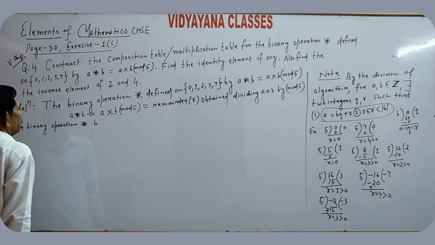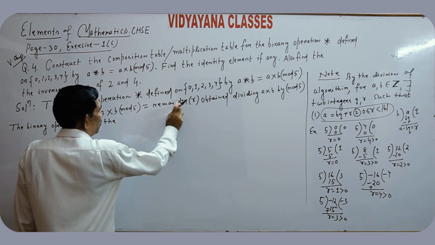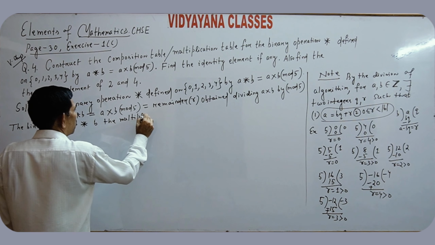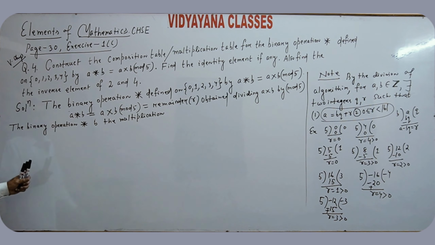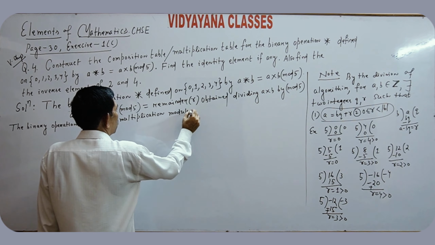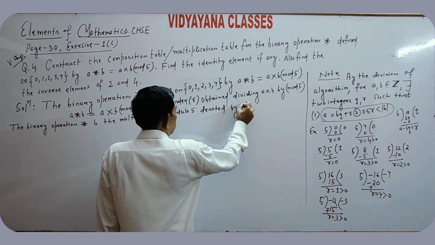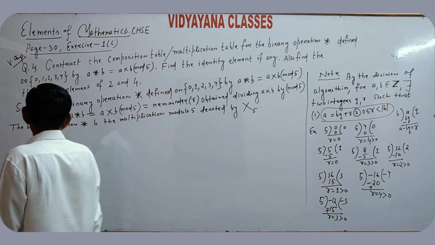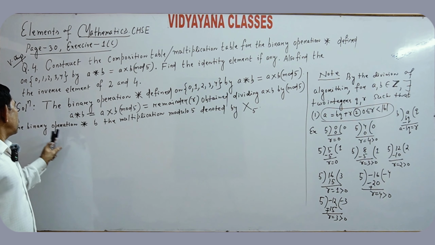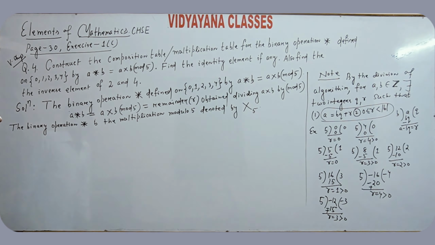The binary operation star is the multiplication modulo 5, denoted by multiplication suffix 5. a star b is equal to a into b modulo 5.